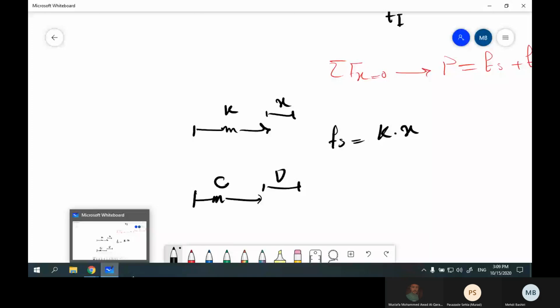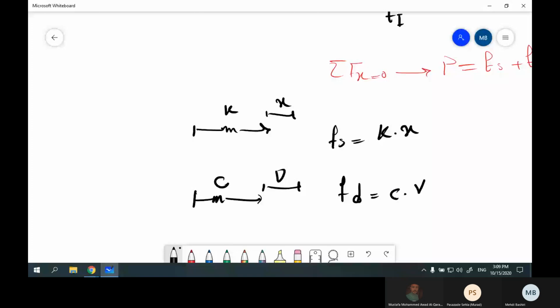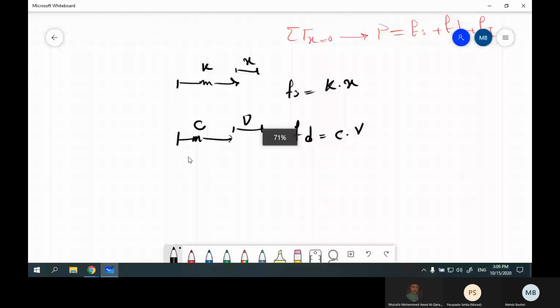Fd is equal to what? C dot v, or velocity. And because of the inertia, by Newton's second law, Fi is equal to m dot a, acceleration. Okay.